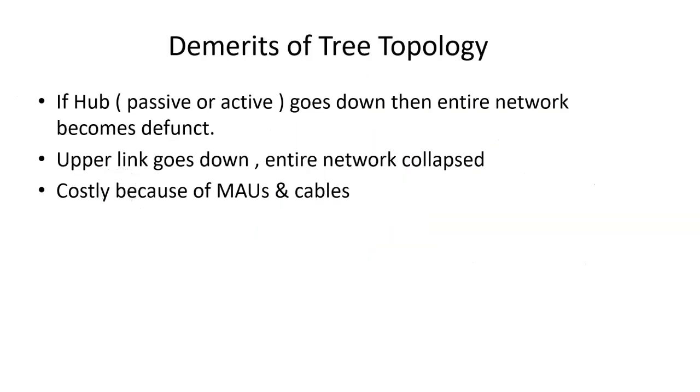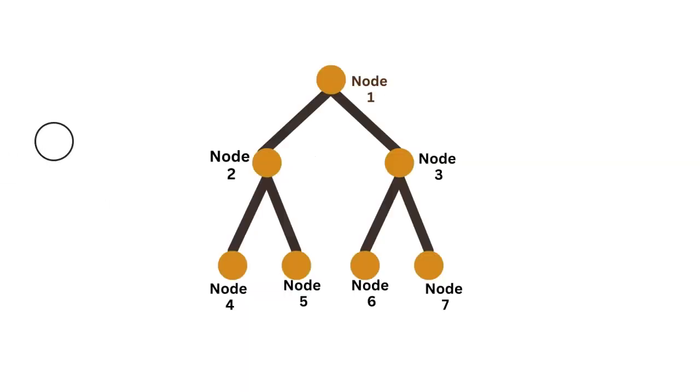What are the demerits of tree topology? If a hub, that is a passive hub or an active hub, goes down, then the entire network becomes defunct. Means if node 2 gets damaged, then the network below node 2 will collapse.